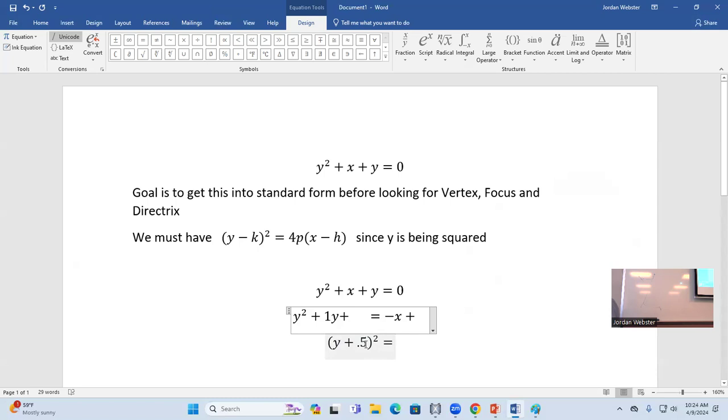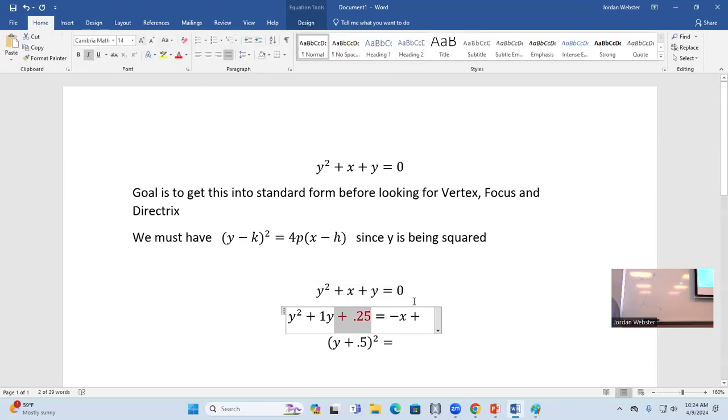Then I square the 0.5 and get 0.25. When I add 0.25 on the left, I'm going to have to add 0.25 on the right as well in order to maintain balance.